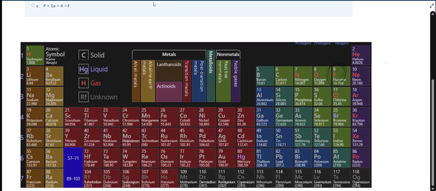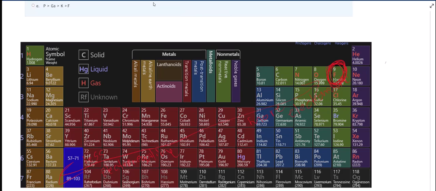Fluorine is the most electronegative. And then the least electronegative, well, francium is radioactive, but the trend is like this, with more electronegative right here and less electronegative down here. So you get more electronegative going across and more electronegative going up.